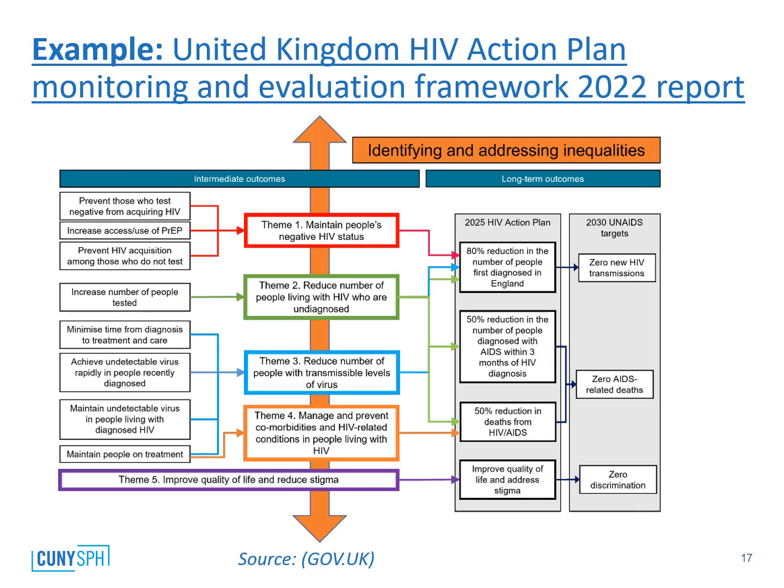This example from the UK demonstrates how a comprehensive monitoring and evaluation framework links intermediate outcomes, long-term outcomes, and national targets, or expected impacts. Each thematic area, such as maintaining HIV negative status, reducing undiagnosed infections, reducing transmissible virus, managing comorbidities, and improving quality of life, has clearly defined indicators and expected results.